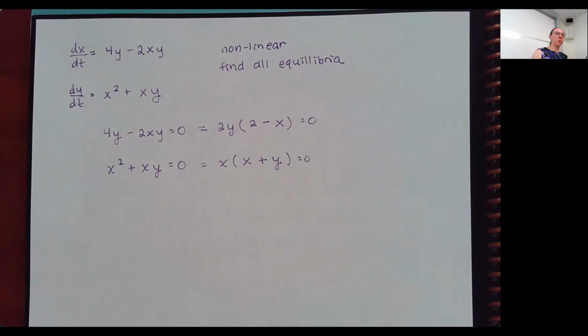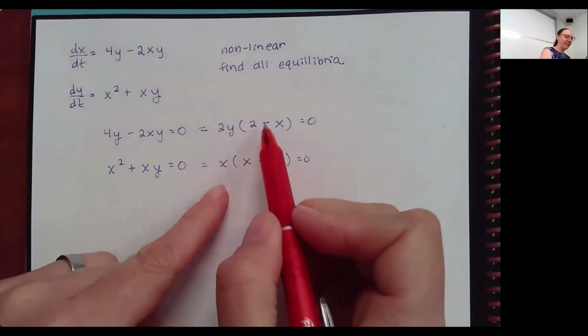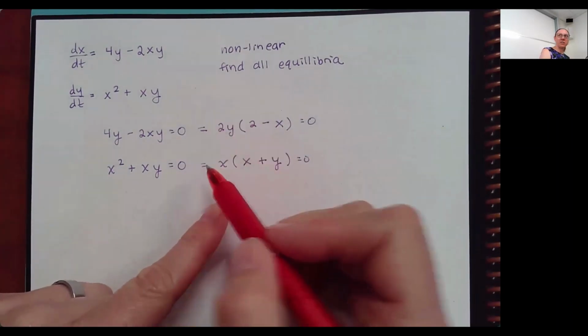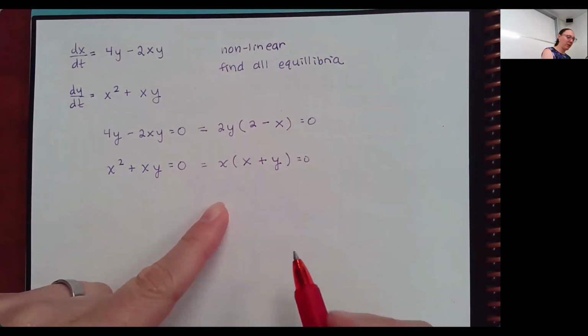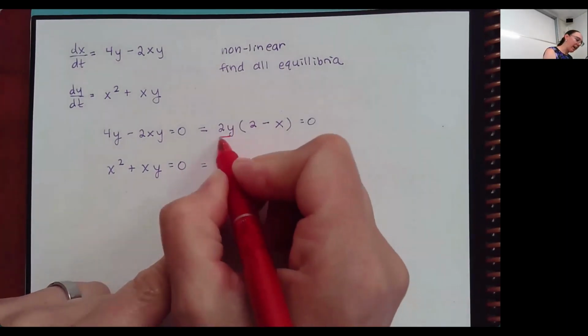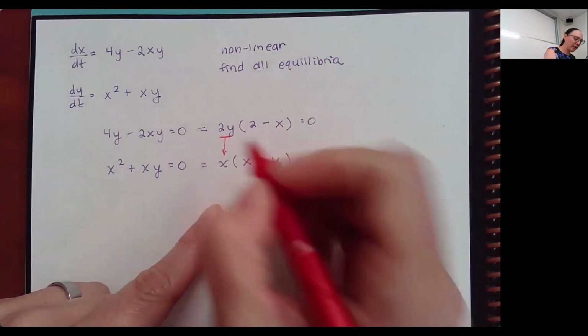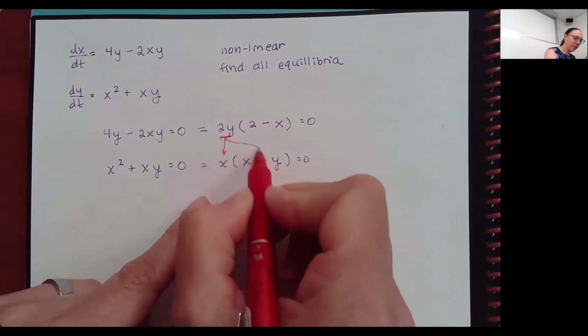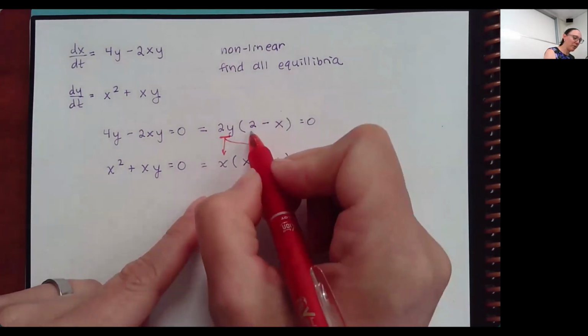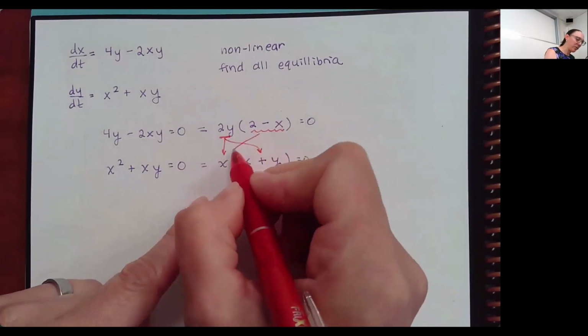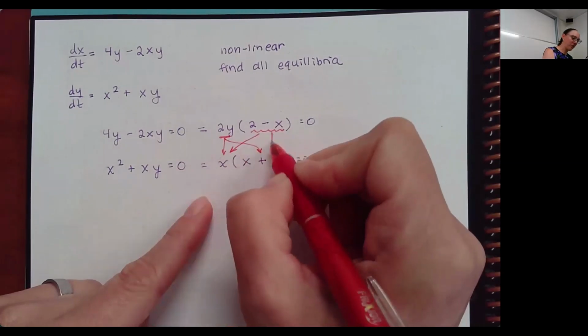So visually, the way I think about this is I've got these 4 pieces and I need to think about all the ways to match them up. So I can take that 2y, match it with the x, or I can take the 2y and match it with this. I can take the 2 minus x, match it with that, or match it with this.